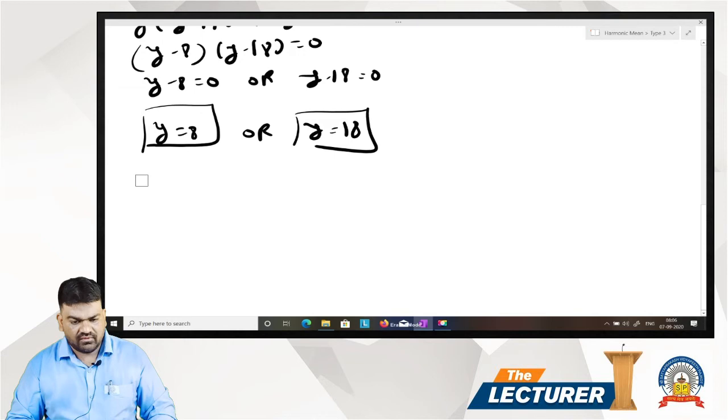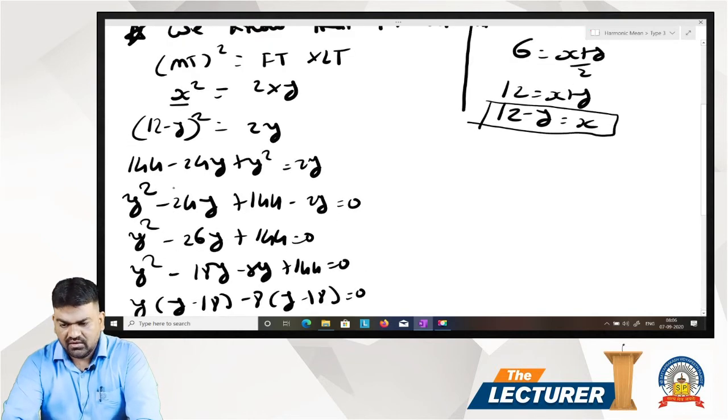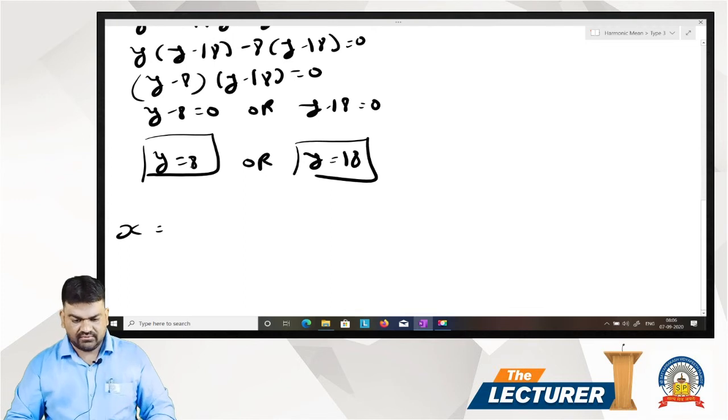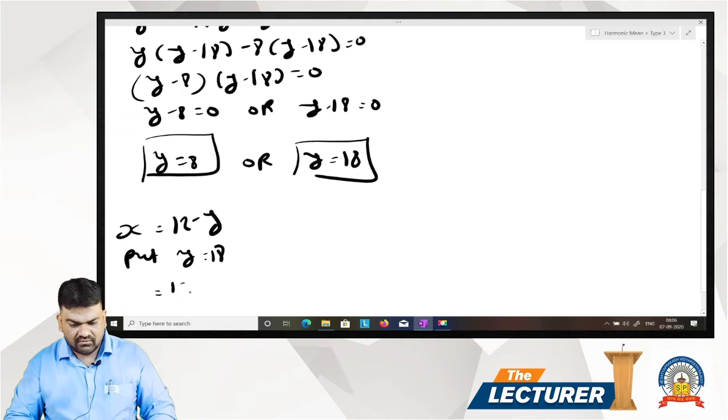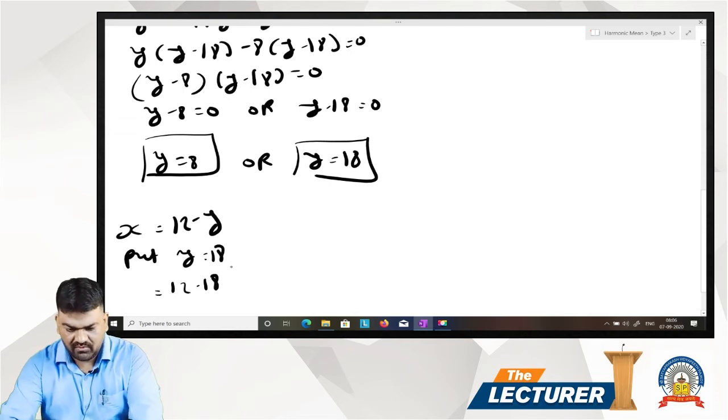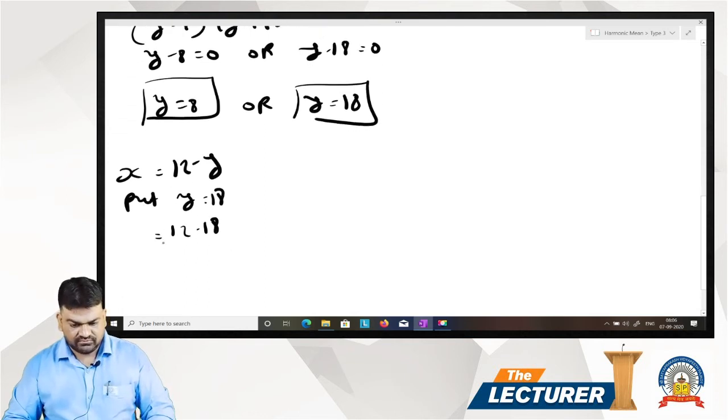Now what is x? x is equal to 12 minus y. Put y is equal to 18. 12 minus 18, so minus 6.